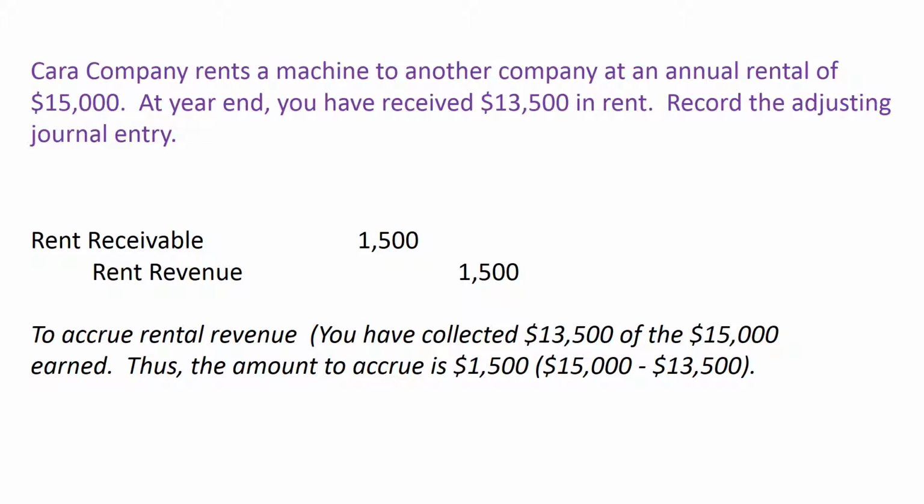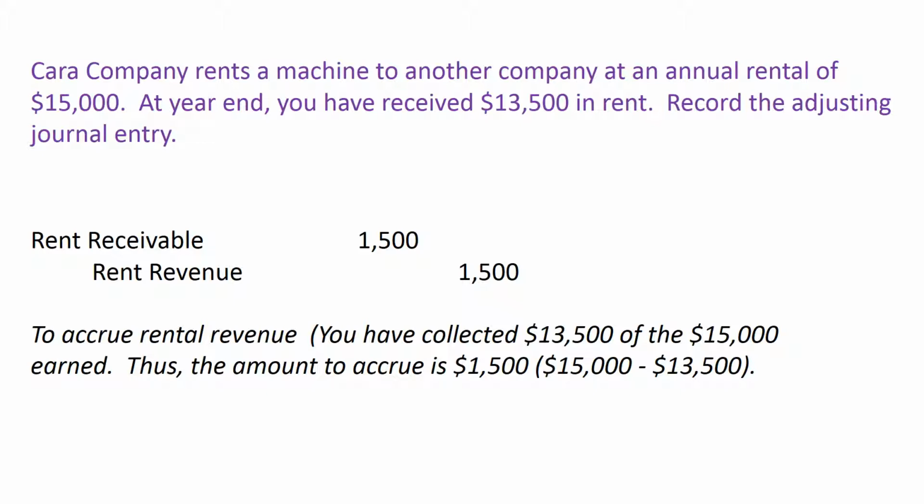Cara Company rents a machine to another company at an annual rental of $15,000. At year end, you have received $13,500 in rent. Record the adjusting journal entry. Debit rent receivable, $1,500.